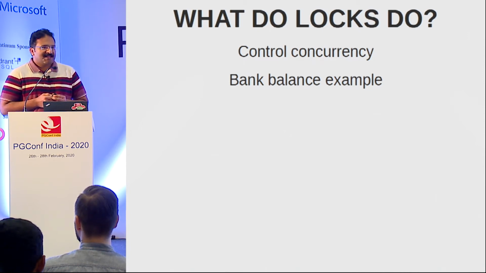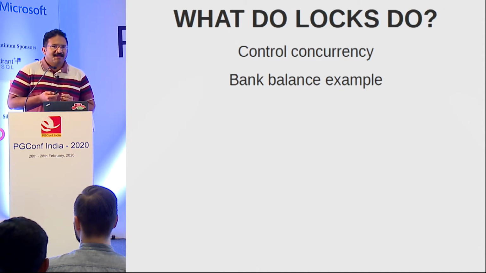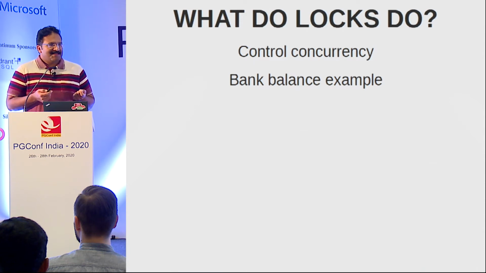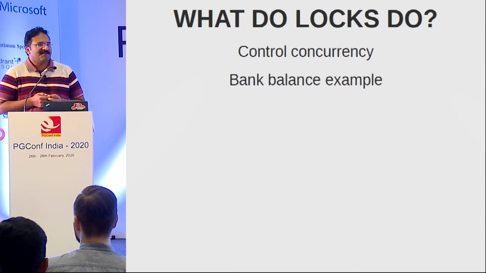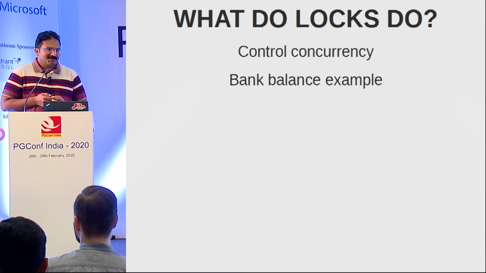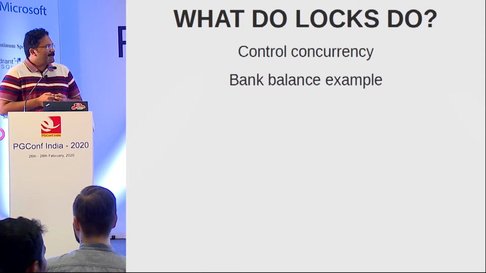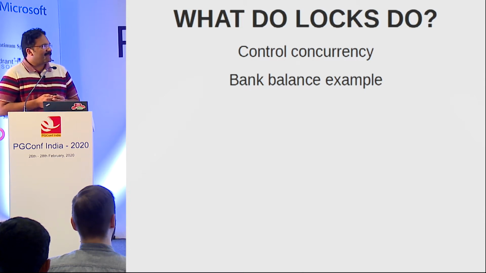And if you don't get it right, two processes might read the same value and then change them in two different ways. And suddenly you have a balance that doesn't reflect the changes that you actually wanted to make. That's the reason why we need locking in general, and of course in databases in particular at every level.